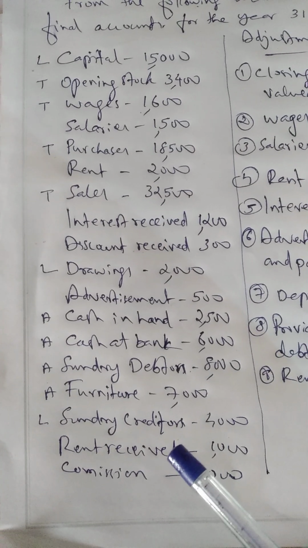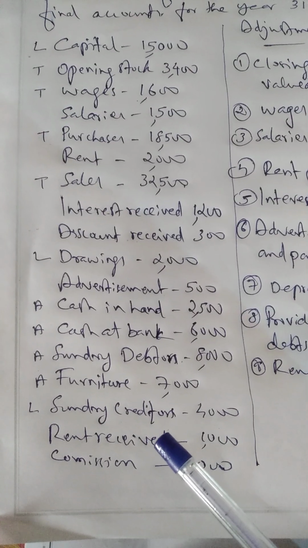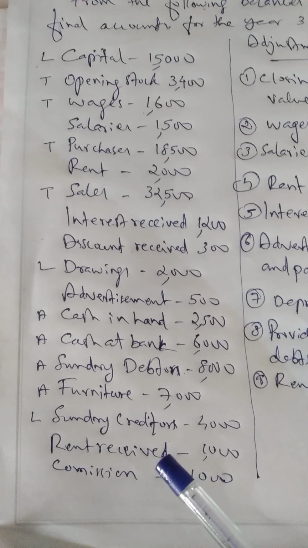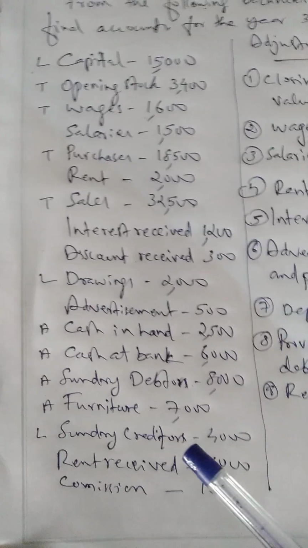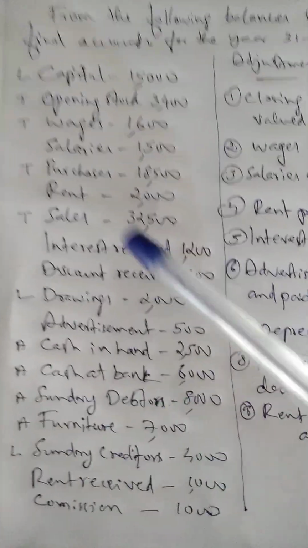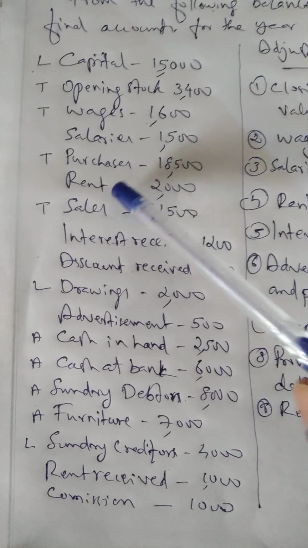The symbol of credit item is CR. It will be noted in the bracket. When an item is specifically noted with the credit, then you have to understand that it is an income. And if an item is given simply, then it is an expense. Rent means it is an expense.